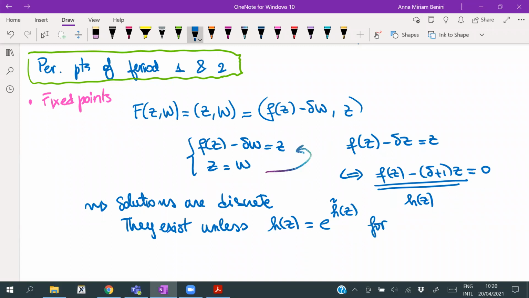So the solutions of this equation that I just boxed in pink are exactly the zeros of this function f minus (delta + 1) times the identity. So this function has zeros unless it is of the form e to the some other entire function.